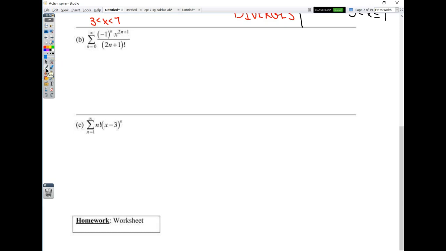All right. So now let's take a look at B. Everything starts the same exact way for radius and interval of convergence. We look at the ratio test. X to the what?